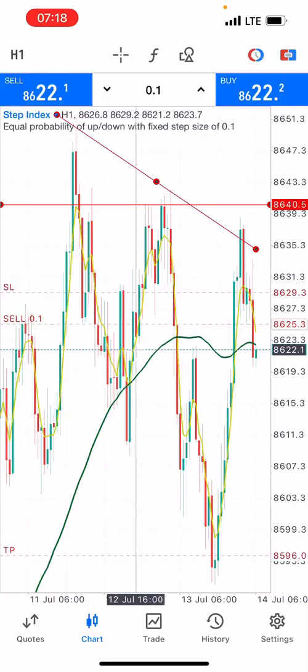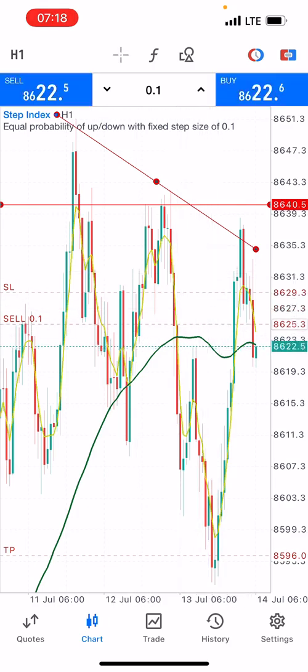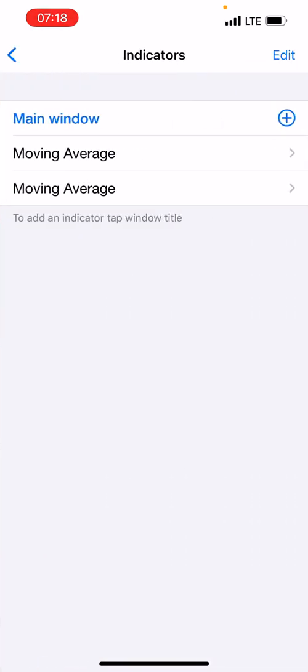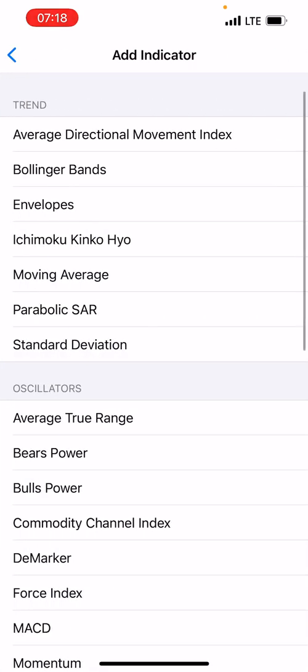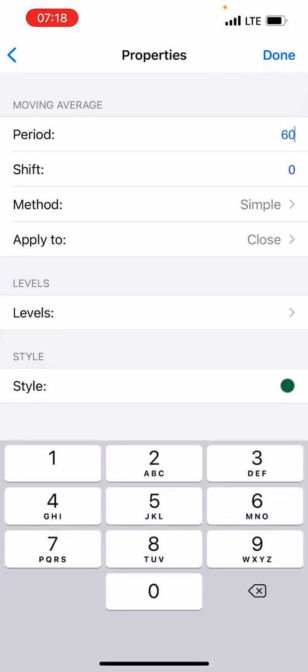Save and done. Good. So this is the indicator, the green, and the last moving average for now is going to be period 7, shift 0.